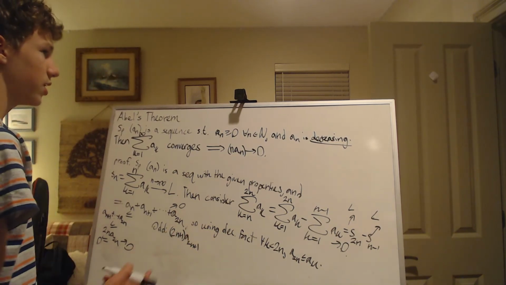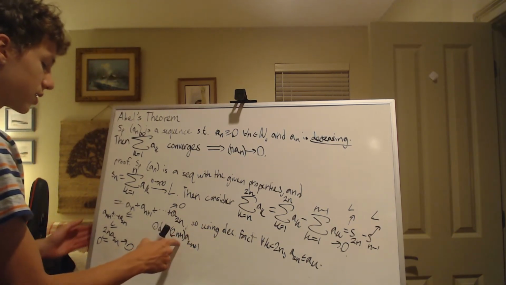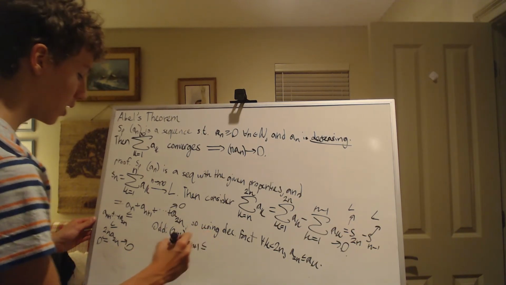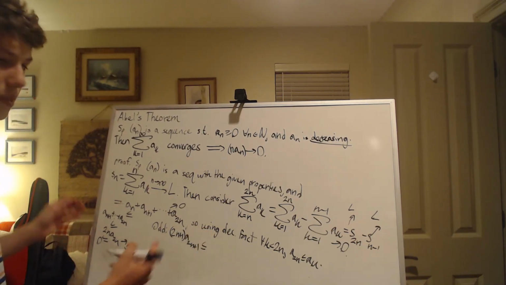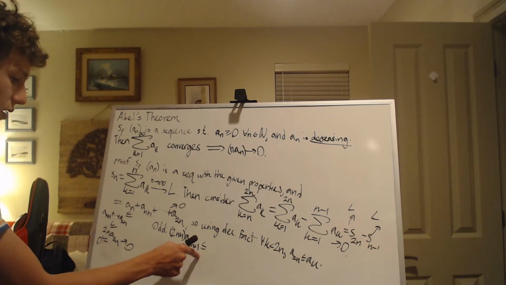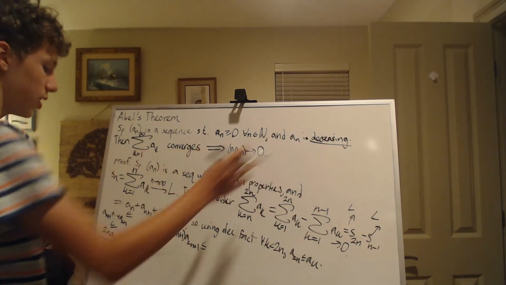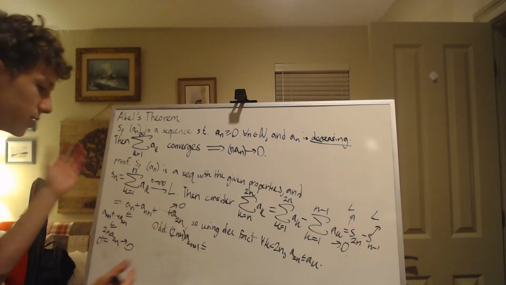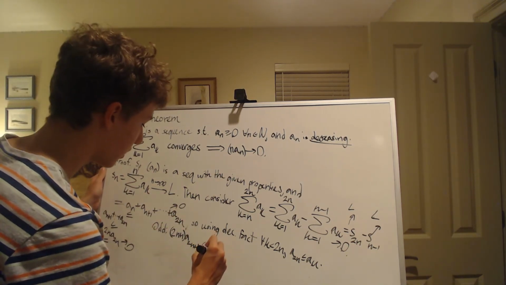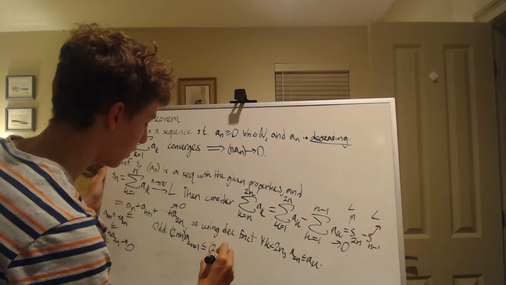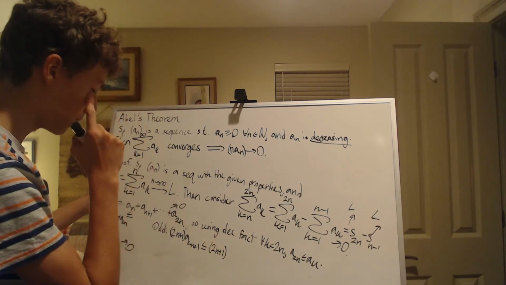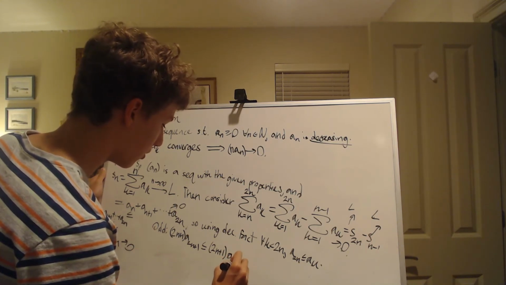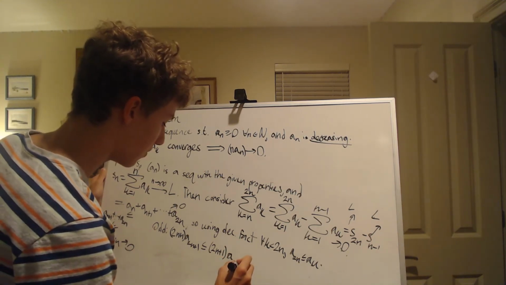Well, since we're decreasing, this is going to be strictly less than the previous term, right? Since by assumption we're decreasing, this term is going to be less than the previous term in the sequence. So this is less than 2n plus 1 times a sub 2n.